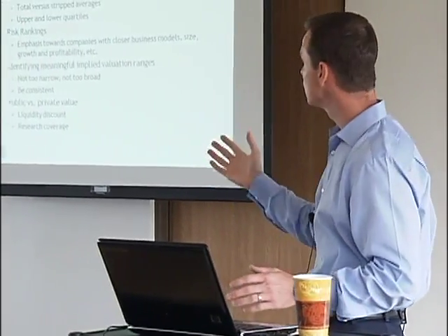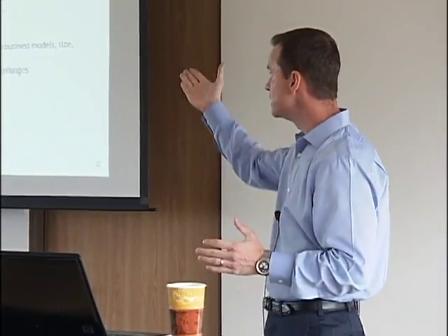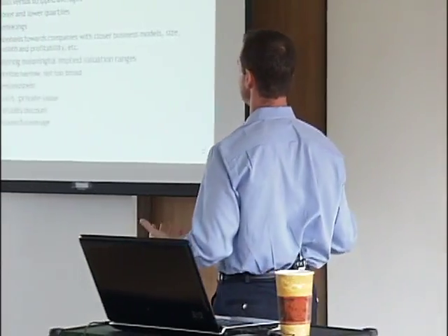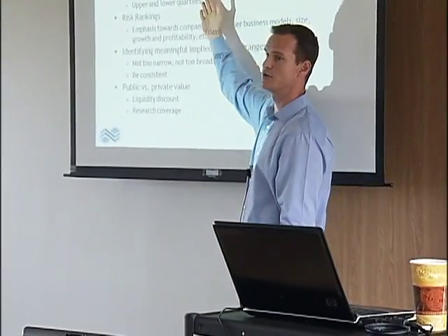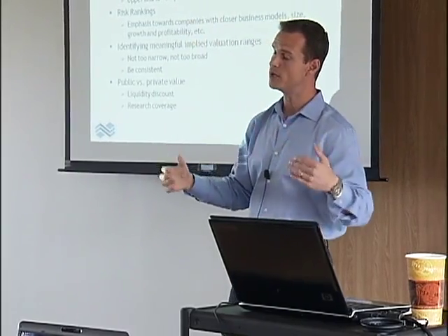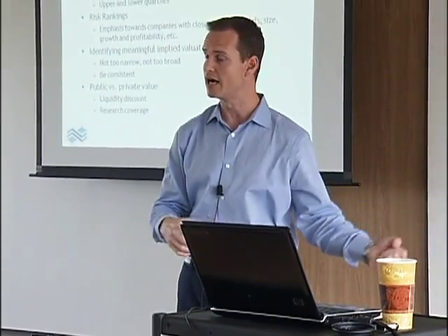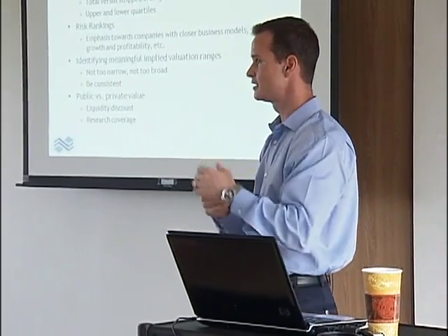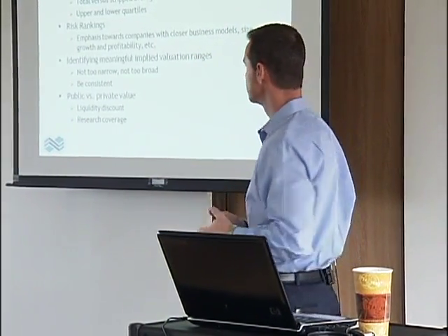So you might eliminate outliers. As we did, we took a simple average, we took a simple median of our whole data set. You could do a total average, you could do a stripped average. I sort of gave an example of a stripped average a moment ago. Take out the high, take out the low, average the rest of them. So that might be a stripped average.